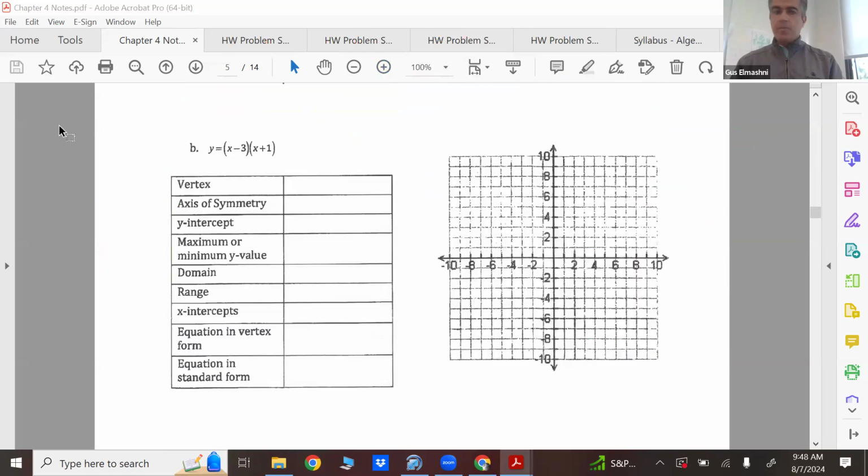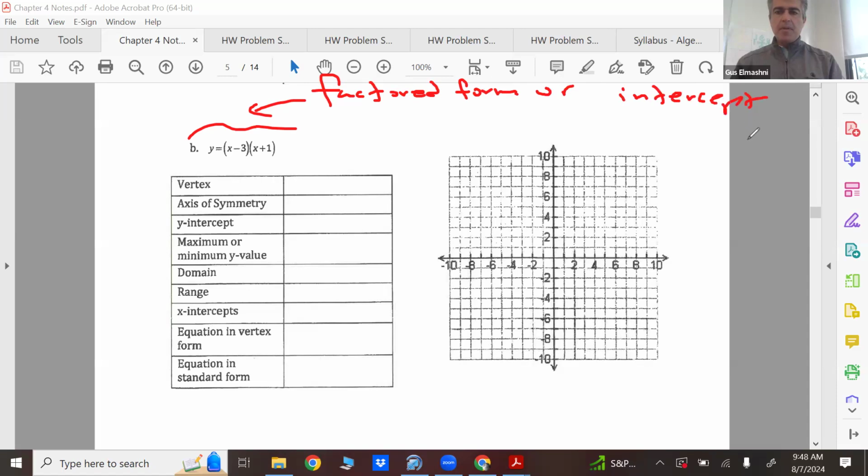Now, this is factor form. We call this factor form. Or intercept form. So I'm going to find my x-intercepts first.